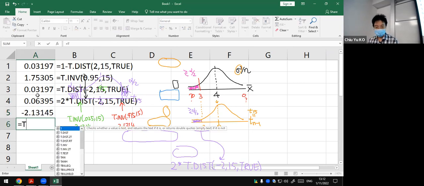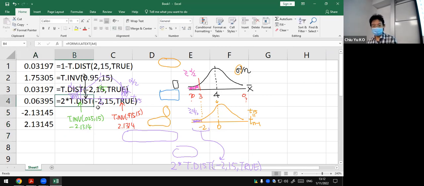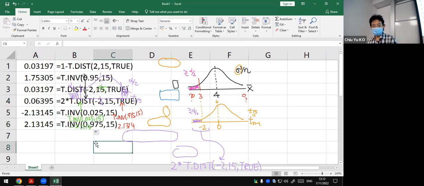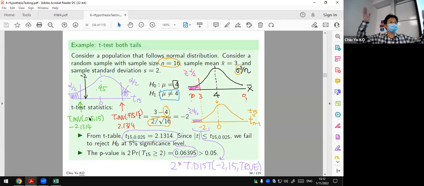If you put T.INV 0.975, it will be the right critical value. So the left hand side is 0.025 and the right hand side is 0.975, because the middle is 95, so both sides 5%. So that is what we have.